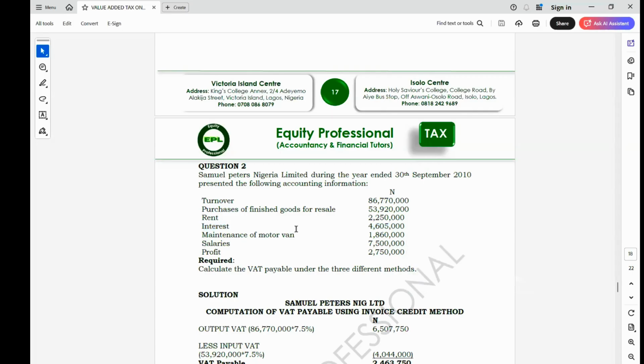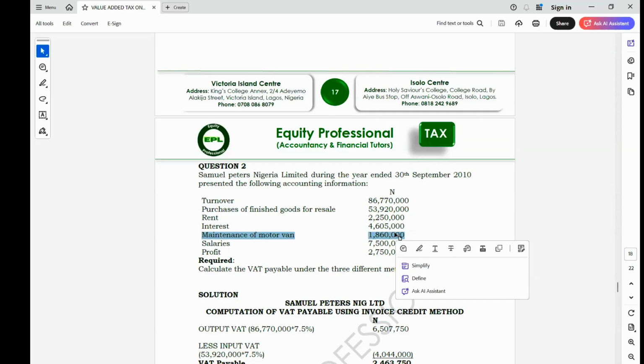The maintenance of motor vehicle. Is it capital expenditure? It's revenue expenditure. Is it direct or indirect? If it is used to deliver goods, it's indirect.